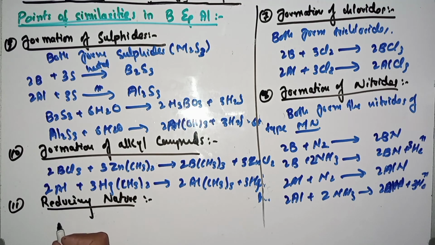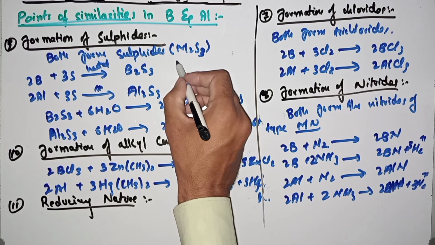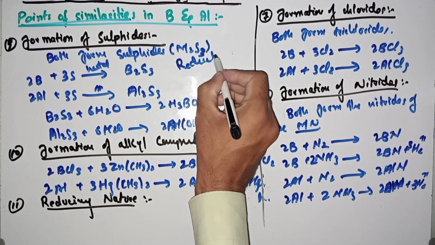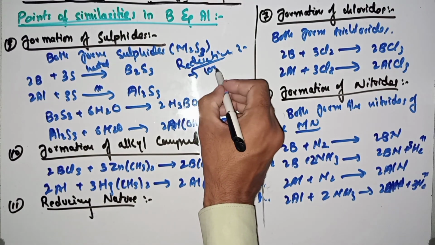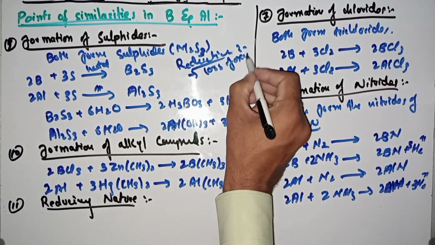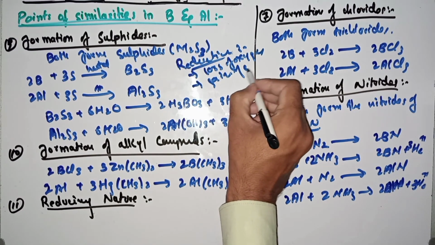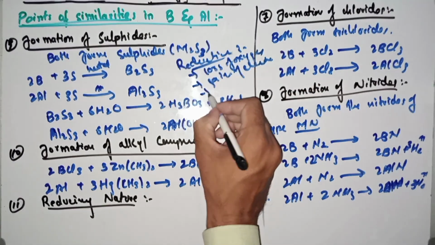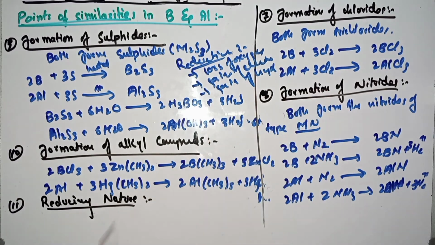Reducing agent. What is the definition of reduction? Reduction means the loss of oxygen, gain of electron, or gain of hydrogen or hydride. So in both cases, gain of hydride.